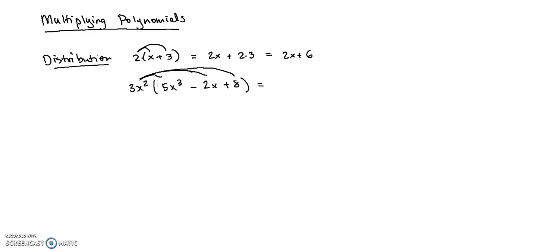And then when we do this, we've got to use our multiplication rules. So let's go ahead and write this out. We'd have 3x² times 5x³ minus 3x² times 2x plus 3x² times 8. And we would use all of our exponent rules and multiplication to put this together.